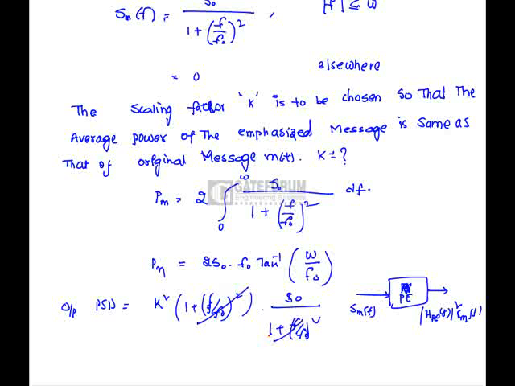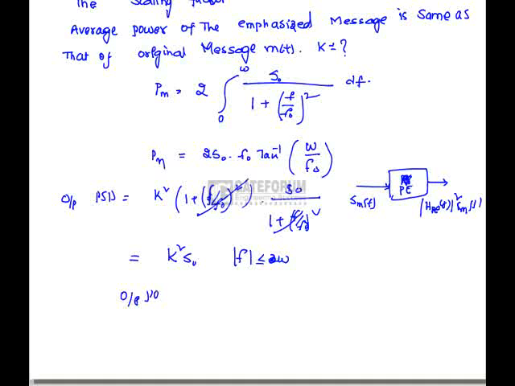So this gets cancelled. K square S naught is over the frequency range mod f up to omega. So the output power is 2 k square S naught omega, which equals 2 S naught f naught tan inverse of omega by f naught. S naught gets cancelled, 2 gets cancelled.